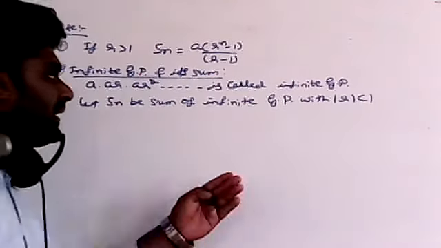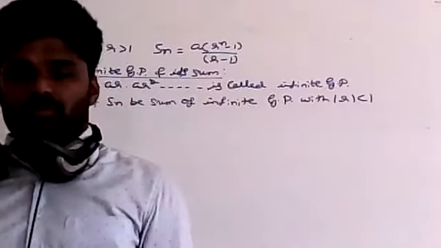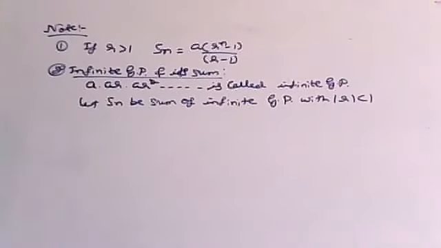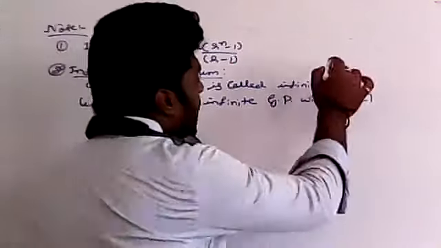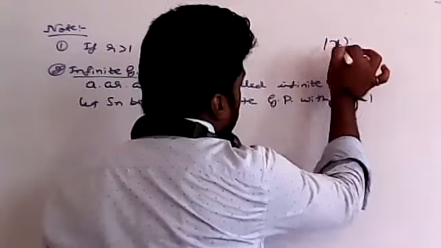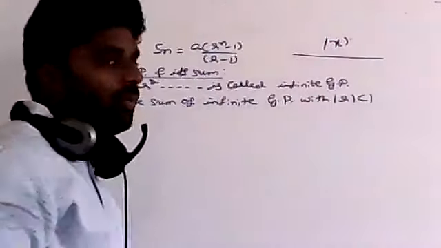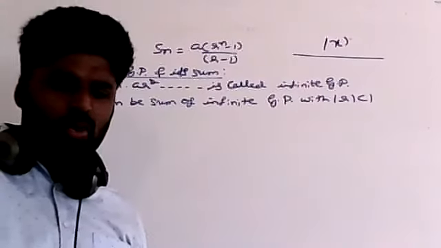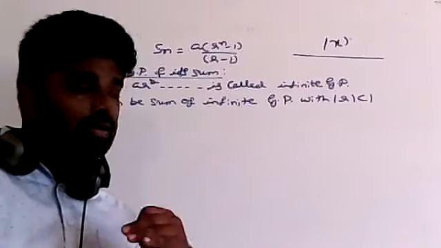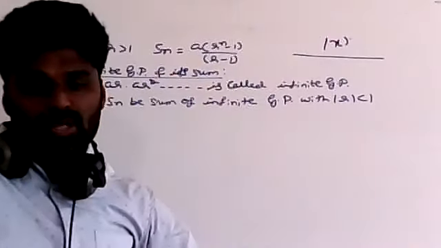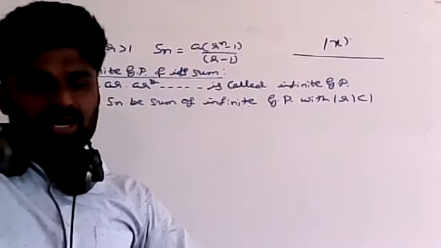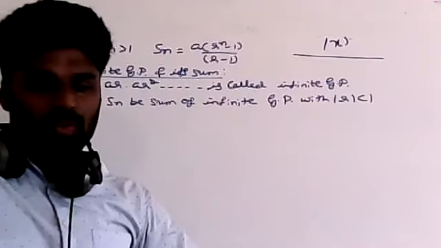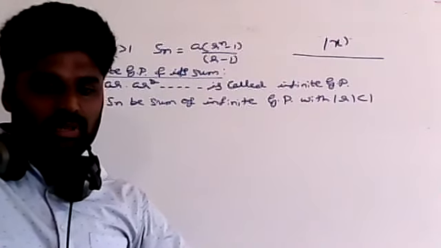So what is the meaning of mod r? Anyone? If I take a graph of mod x, if I draw the graph, what does mod x mean? Yeah, good. Non-negative. If I remove this bracket, mod x means a positive answer only we are getting.